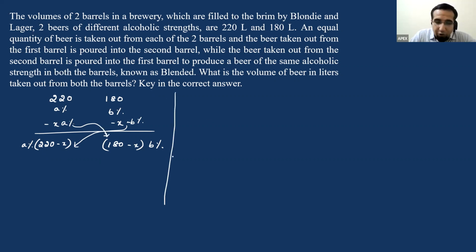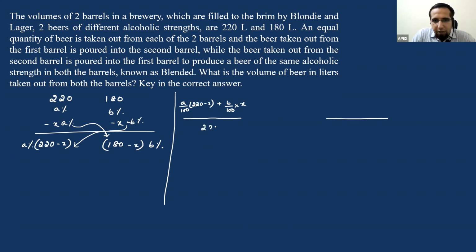Okay, I guess I went wrong here. So alcoholic strength is the quantity of alcohol divided by the total quantity multiplied by 100. So first we have A percentage of 220 minus X. To that I am adding B percentage of X. Clear?